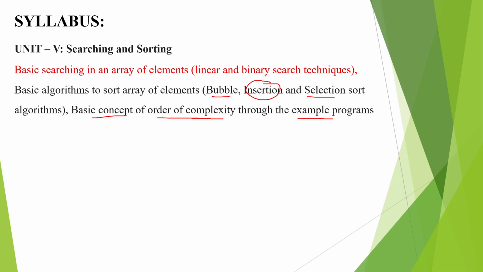Given a randomly organized array of elements, after applying sorting, we will get a proper sorted array or a proper sorted list. That is our intention when we perform sorting. We already discussed bubble and selection, and today we are discussing insertion sort.